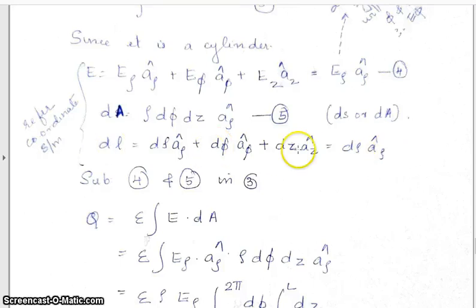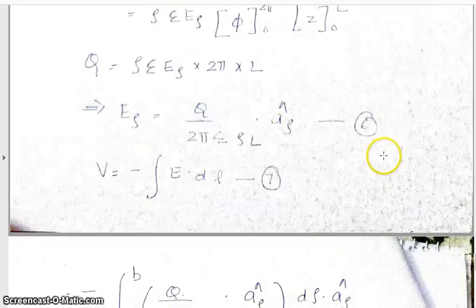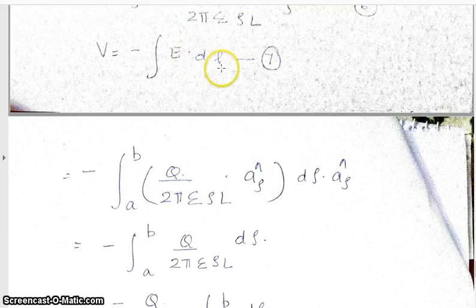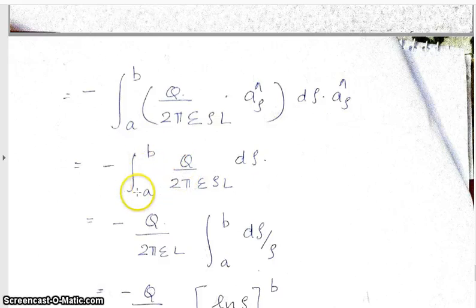Here it is written dl is equal to d rho into a rho. So instead of dl, I have substituted d rho into a rho. And what will be the limit? It will be from a to b, where a is the radius of your inner cylinder and b is the radius of your outer cylinder. Here a rho into a rho will be 1. And finally, you can take minus integral a to b, Q by 2 pi epsilon rho L d rho.